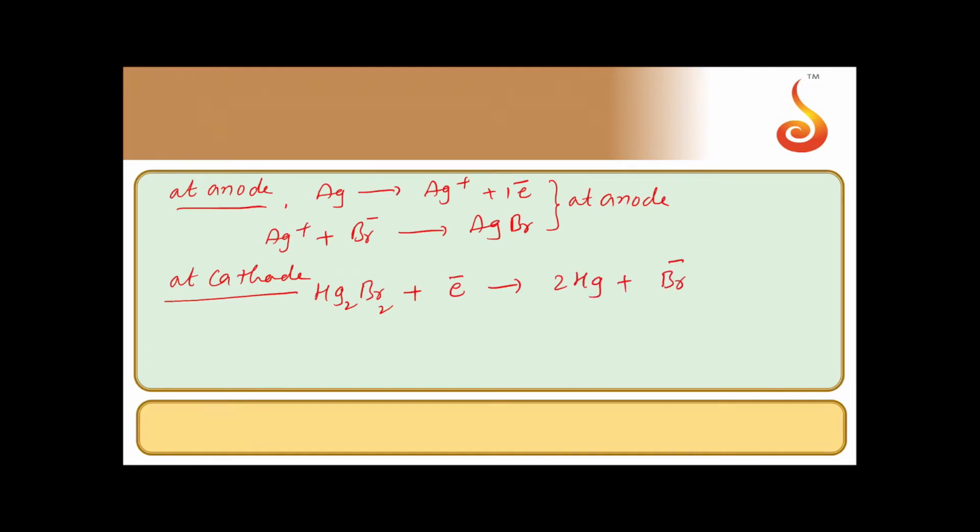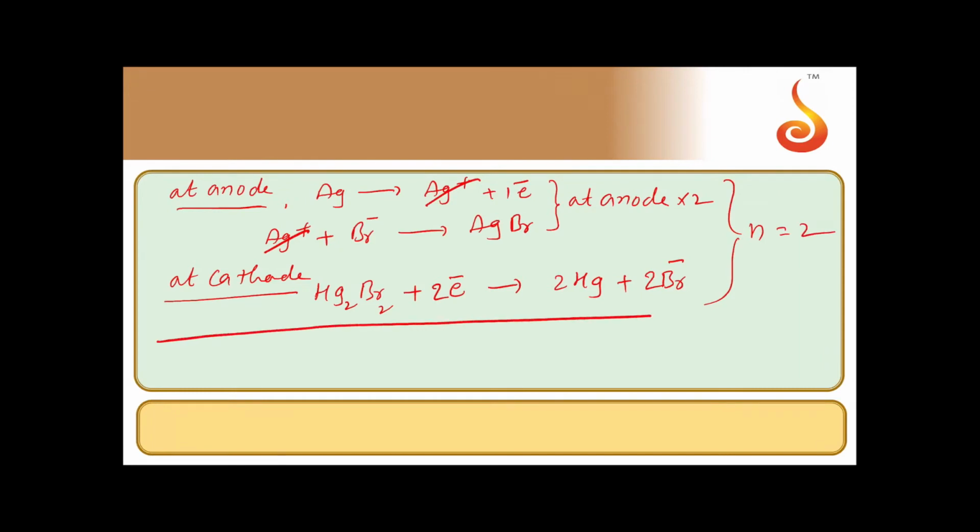But you have 2 here, so it will be 2 in this case. We require 2 electrons, so multiply the above reaction by 2, the complete anodic reaction. This implies that the number of electrons, n, is equal to 2.